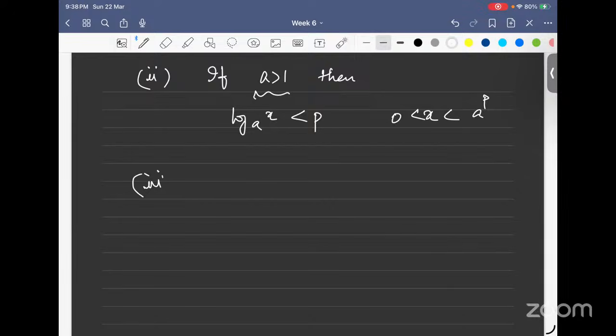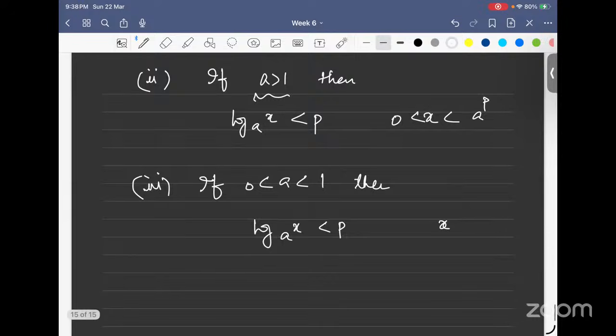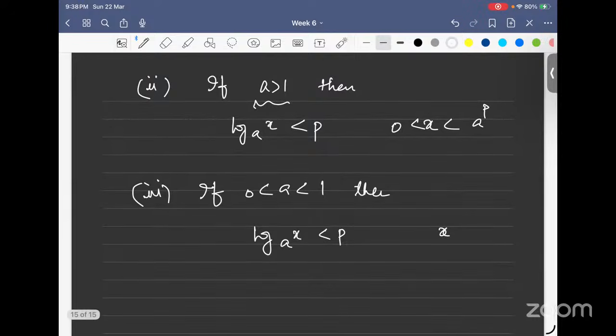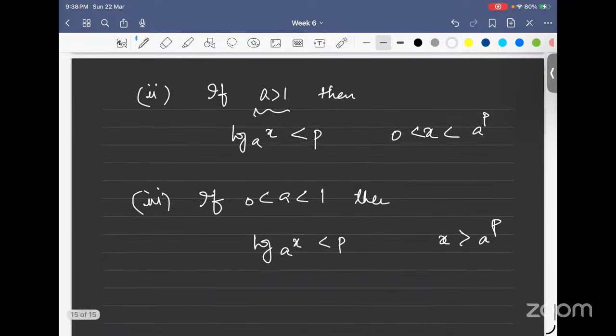Now the third condition is if a is from 0 to 1, and it has been given log of x base a less than p, then what should I write for x? x should be greater than a to the power p. Correct.